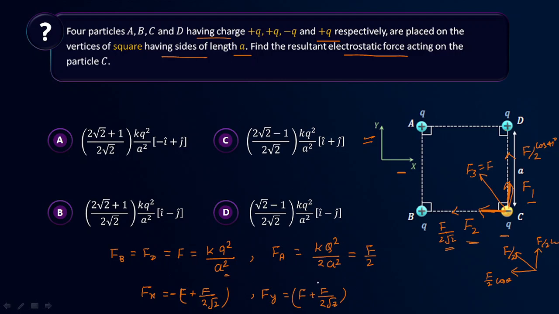And F is how much? K q1 q2 by A square. So from here can I say that the correct answer will be F, if we take common, 2 root 2 plus 1 by 2 root 2, minus i cap plus j cap. By sign also easily we can answer, no need to do the calculation. By sign also directly we can answer this question, right?